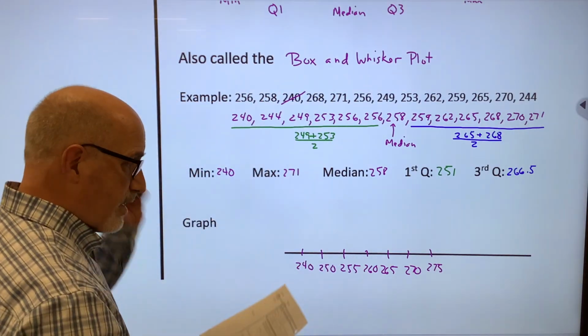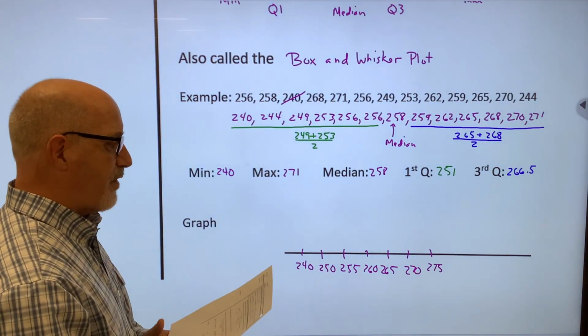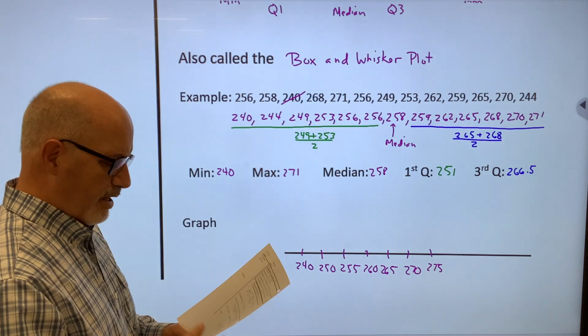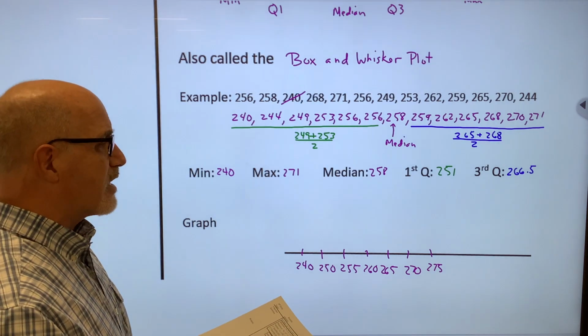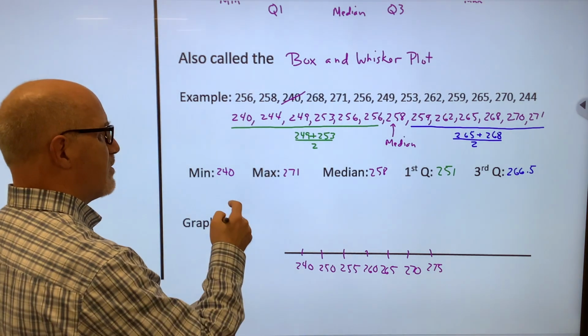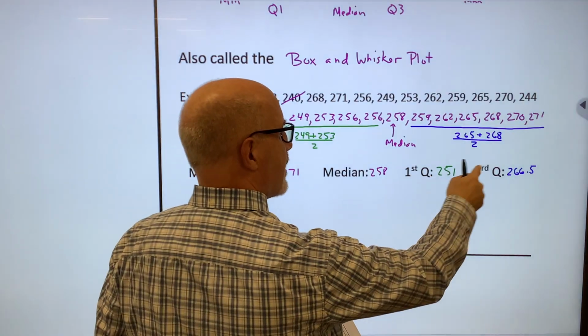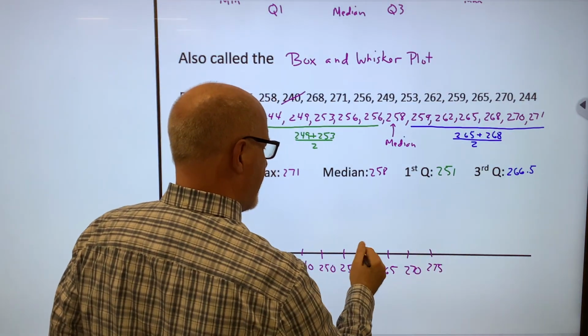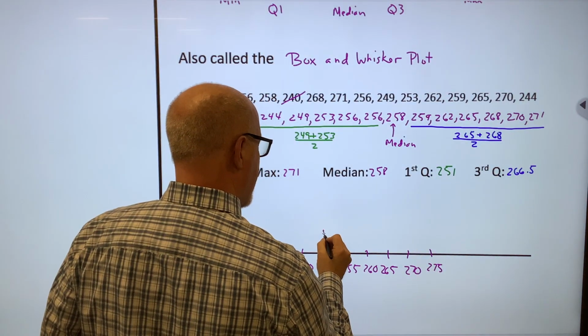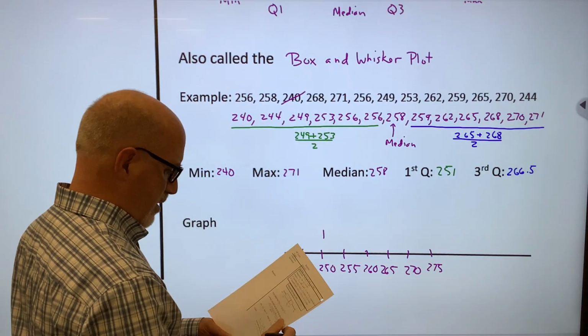Now that we've got these numbers on my graph, I'm going to draw the box first. The box is set up between Q1 and Q3. 251 is right about here, so I set up my box right there.